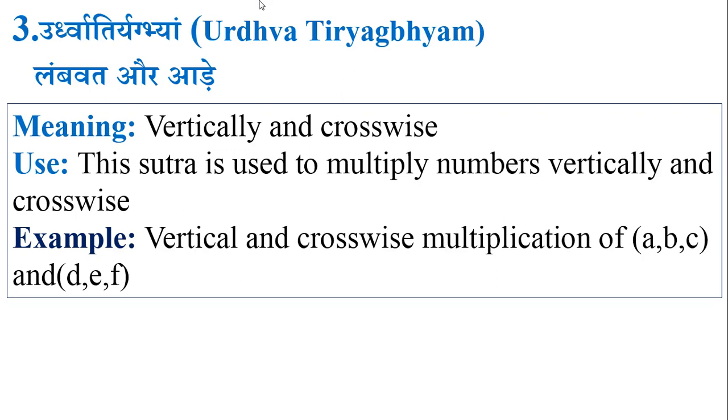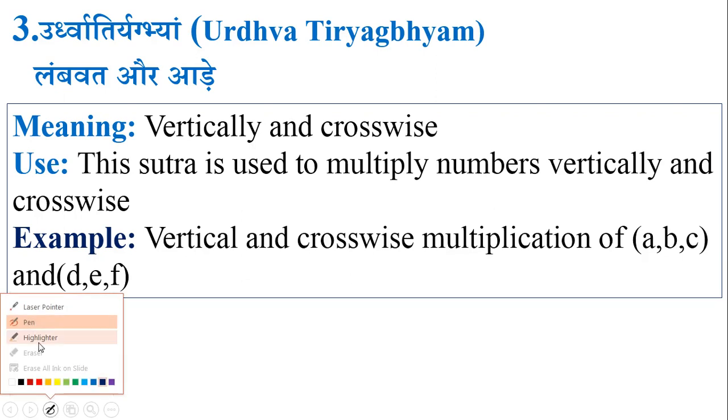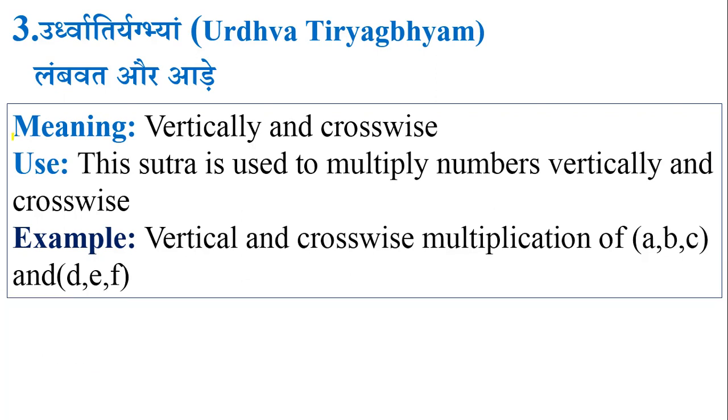By using this formula you can do it very easily, very simple to use, very simple to calculate. And if I talk about where you can use it, let me take the highlighter. Okay, this is the meaning, vertical and crosswise. The next one is use. This sutra is used to multiply numbers vertically and crosswise.